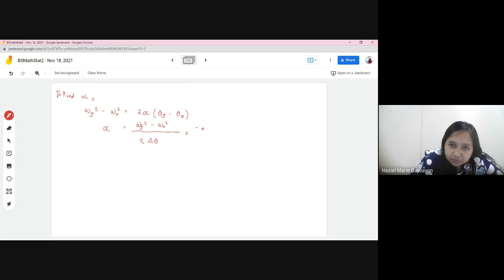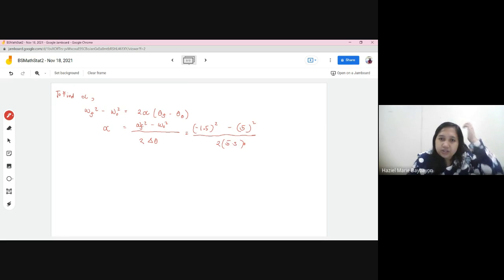So take note that the final angular velocity is negative. So it's negative 1.5 radians per second squared minus 5 squared divided by 2 times our delta theta of 5.5 radians. This is approximately negative 2.068 radians per second squared.